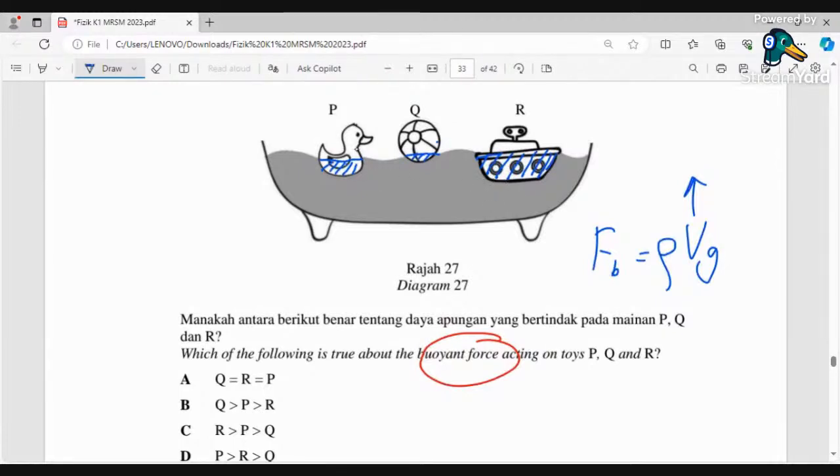Okay, compared to P, compared to Q. So R is more than P, more than Q. Okay, ingat tu ya, volume of liquid displaced equals to volume of the submerged part.